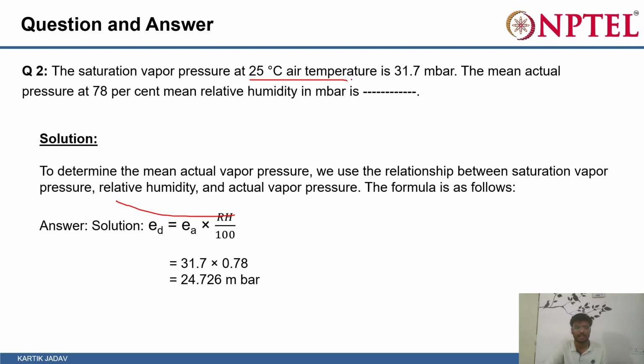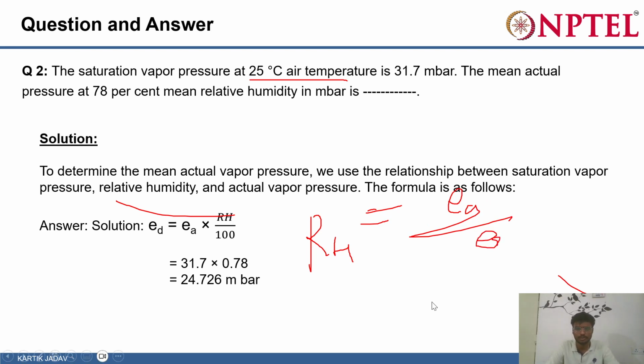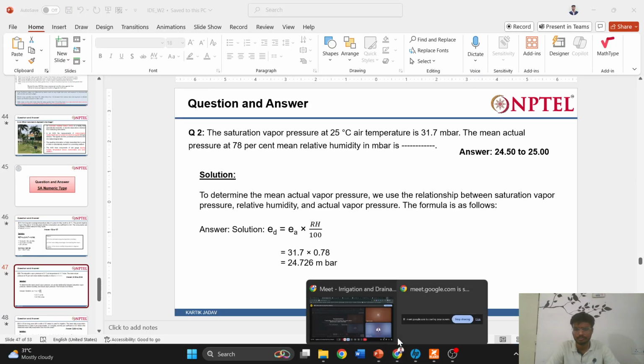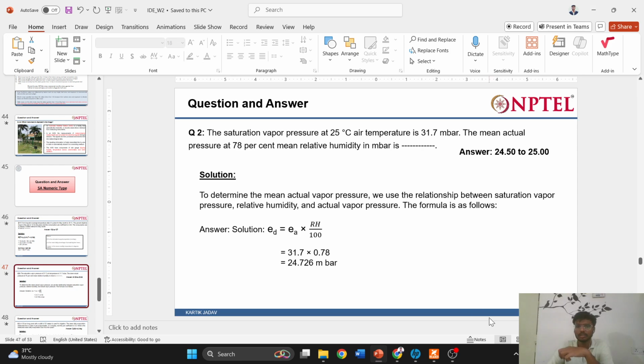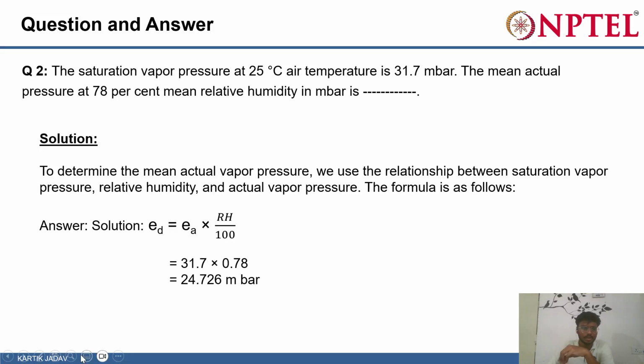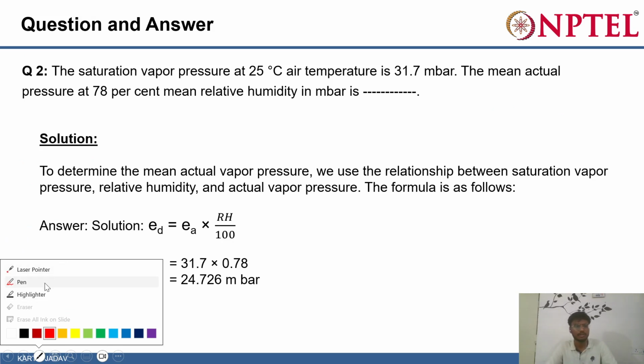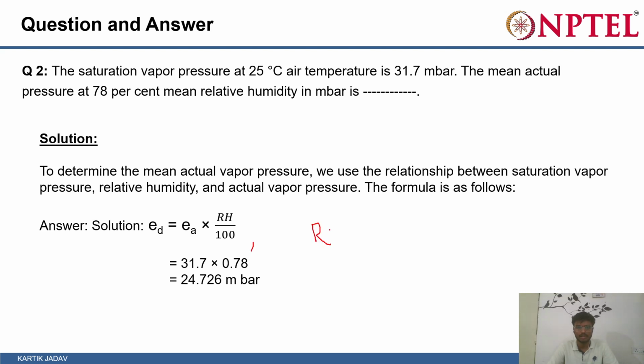We know that relative humidity RH is equal to actual vapor pressure divided by saturated vapor pressure.